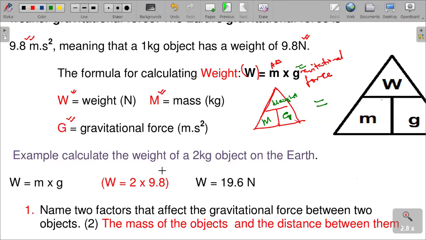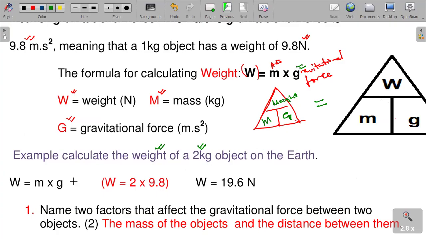Example: calculate the weight of a 2 kg object on Earth. Weight is equal to mg.